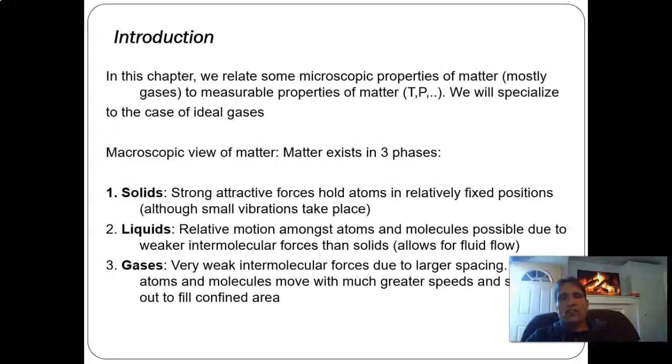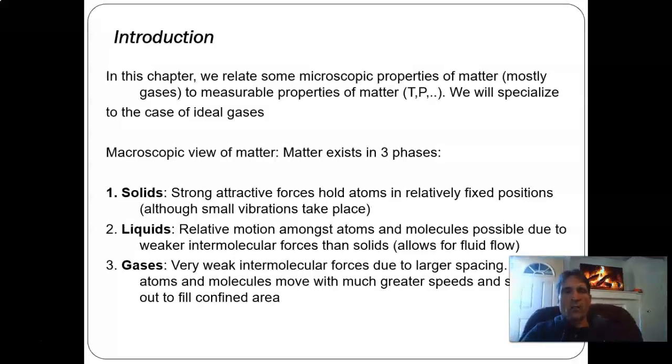The density is low enough that these molecules or atoms are essentially independent of one another, and they basically move around like ping pong balls bouncing around in a container, and the interactions are only very small. They smash into each other once in a while, then they go their own way, then they smash into the walls of the container, and we can neglect the binding forces between the molecules.